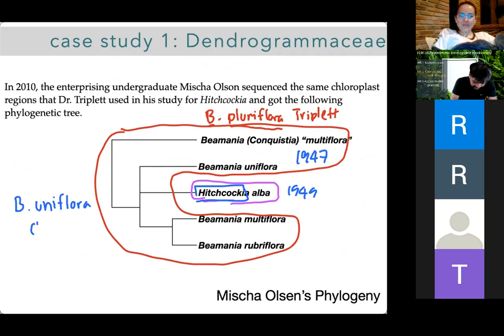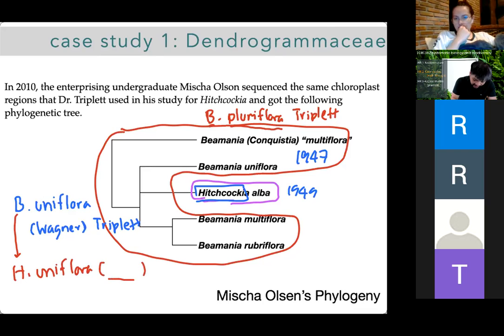Bimane uniflora is Wagner, Triplet, right, at this point. That's the most recent name, because Triplet moved uniflora from Conquistia to Birmania. But if it turns out that Hitchcockia is older, then you move it to Hitchcockia uniflora. The question is who gets to be here.